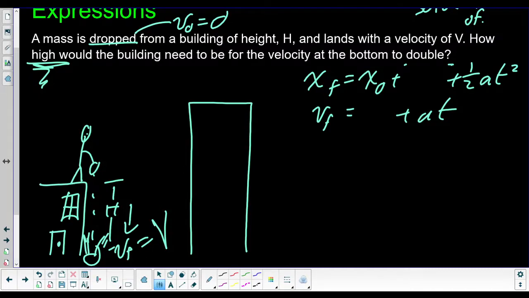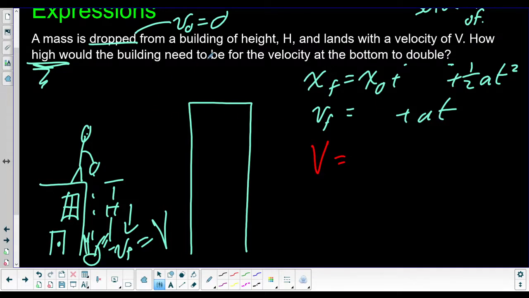We don't know any real numbers. We don't know any times, any accelerations, or any velocities. We barely have an idea of height. So let's go ahead and plug these numbers in and see what we get. So we'll plug in our final velocity of capital V equals whatever the acceleration is.